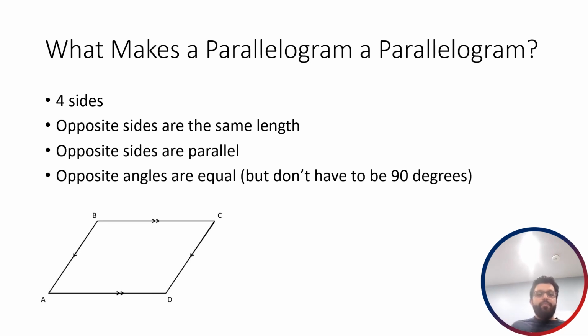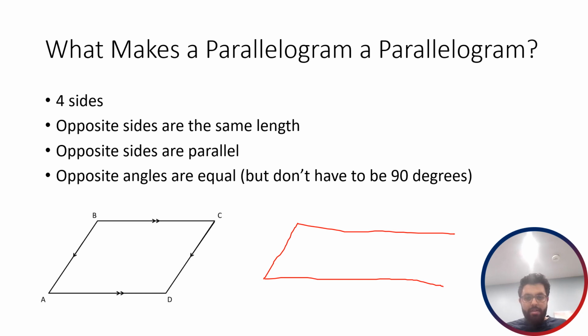So here we go. What makes a parallelogram a parallelogram? A parallelogram is very similar to a rhombus. It's a four-sided shape, and it's similar to a rhombus in that the angles don't have to be 90 degrees. So I'm going to draw out my parallelogram here. Something like this. It's like a rhombus because the angles don't have to be 90 degrees.